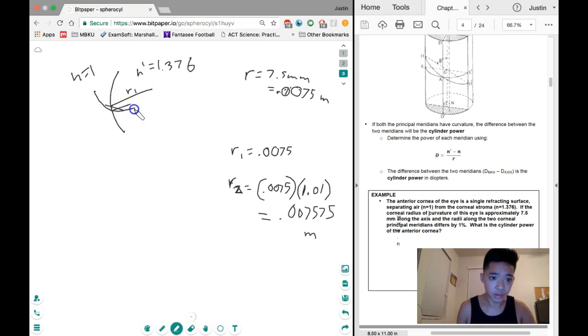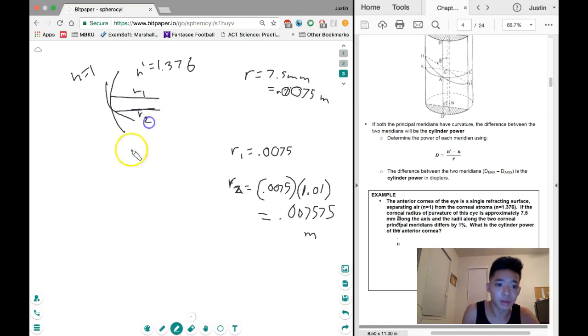This is supposed to be a 3D structure of the cornea. The radius of this one is really close, but not the same as the radius of the other meridian. We're talking about meridians here, but it's all just one surface.